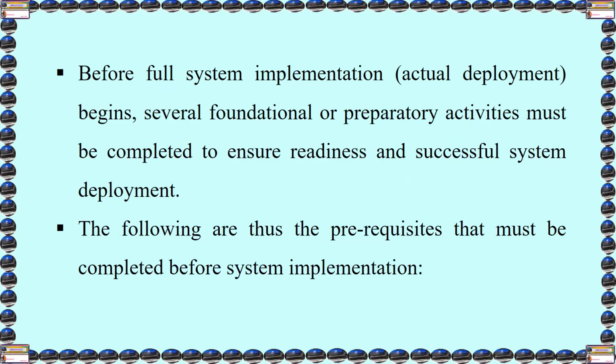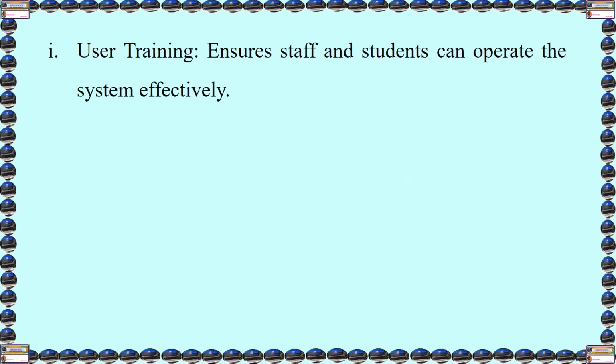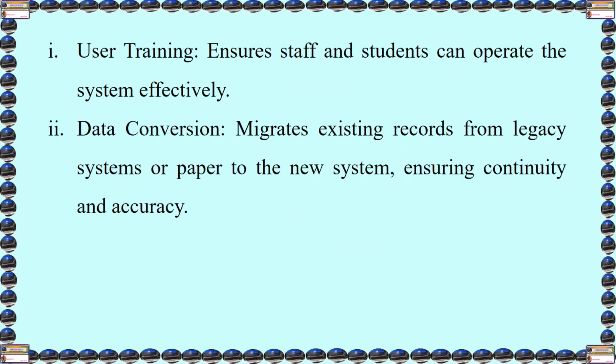The following are therefore the prerequisites that must be completed before system implementation. Number one is user training. It ensures that the staff and the students, for example, in an educational institution, can operate the system effectively. Number two is data conversion.